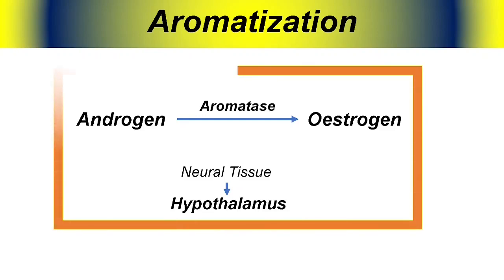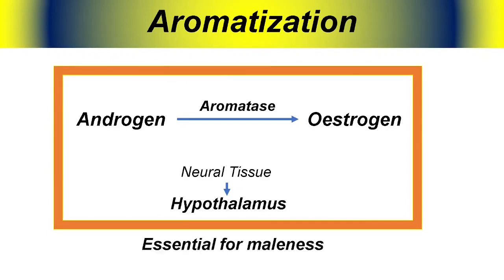And when the hypothalamus is organized that the developing fetus is male, it also helps or stimulates some other cells which are essential for the characteristics of maleness. So that is very important: aromatization must occur in the hypothalamus in the developing fetus, so that the hypothalamus organizes itself that the developing fetus is the male fetus.